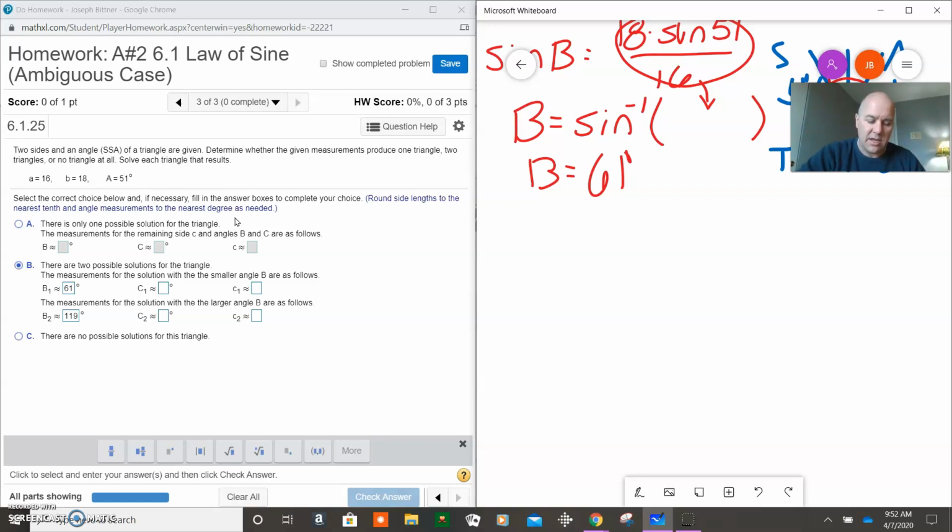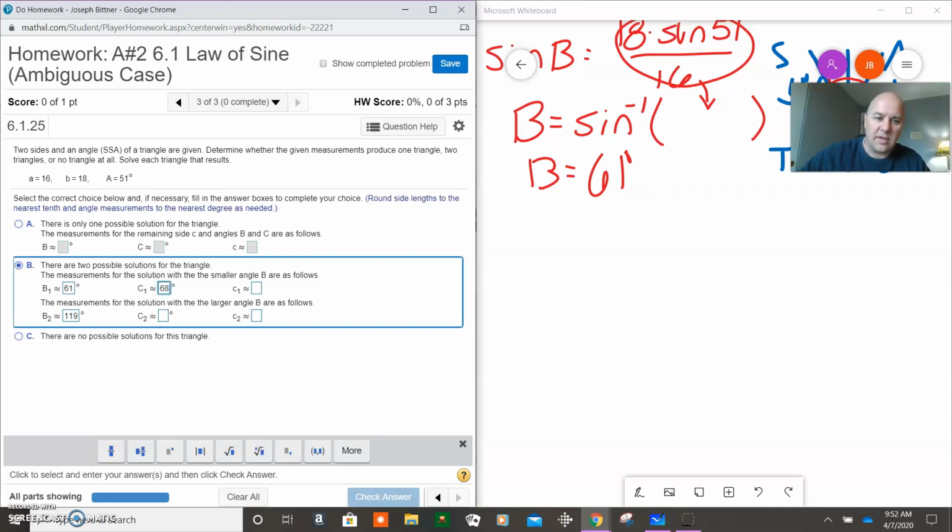Add up to 180. So if I take 180 minus 51 minus 61, I get 68 for this triangle. I'm going to go ahead and do this one because it's a pretty easy process. Just take 180 minus 51 minus 119. I get 10 degrees.